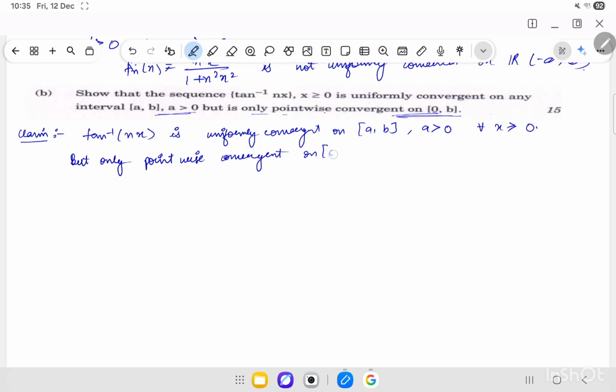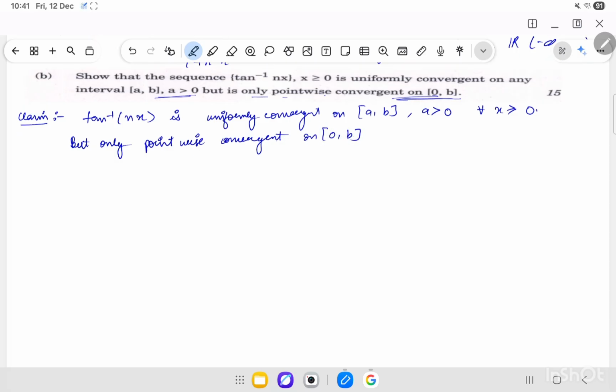on 0 comma b. First let's evaluate the pointwise limit, that is f(x), which is equal to limit n approaches infinity fn(x). So it will be equal to 0 when x is 0, and it will be pi by 2 when I take x not equal to 0.